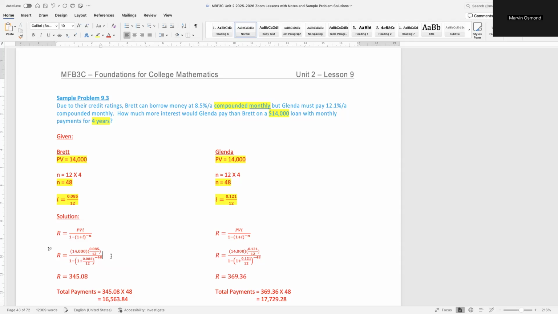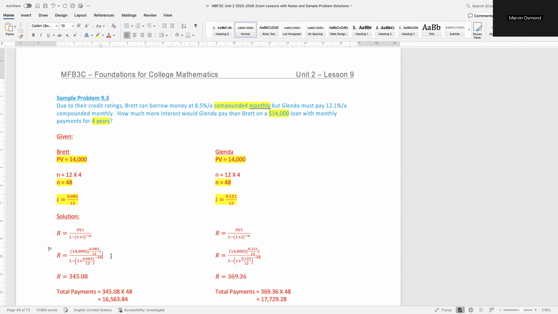And then another bracket is going to be 0.085 divided by 12. Close that bracket. Then I got to close the top bracket. And then I'm going to divide by, we put a bracket, 1 minus bracket, 1 plus 0.085 divided by 12.